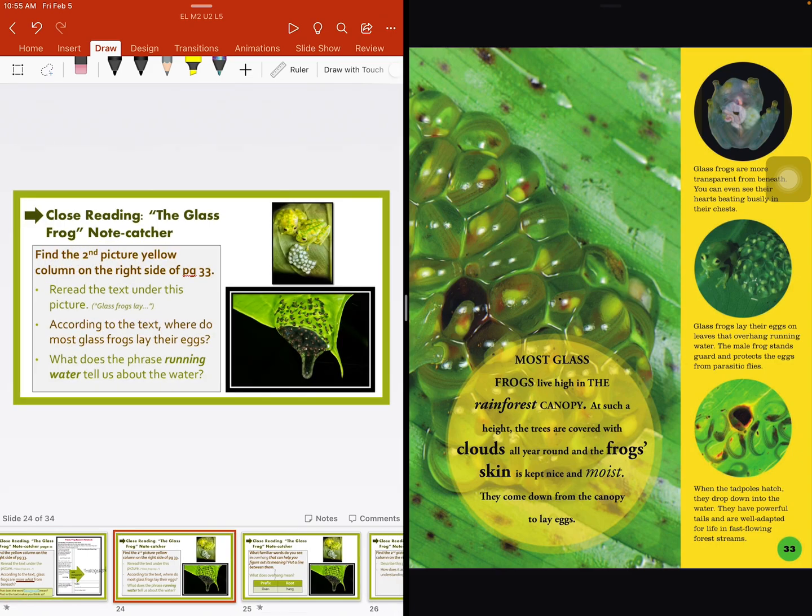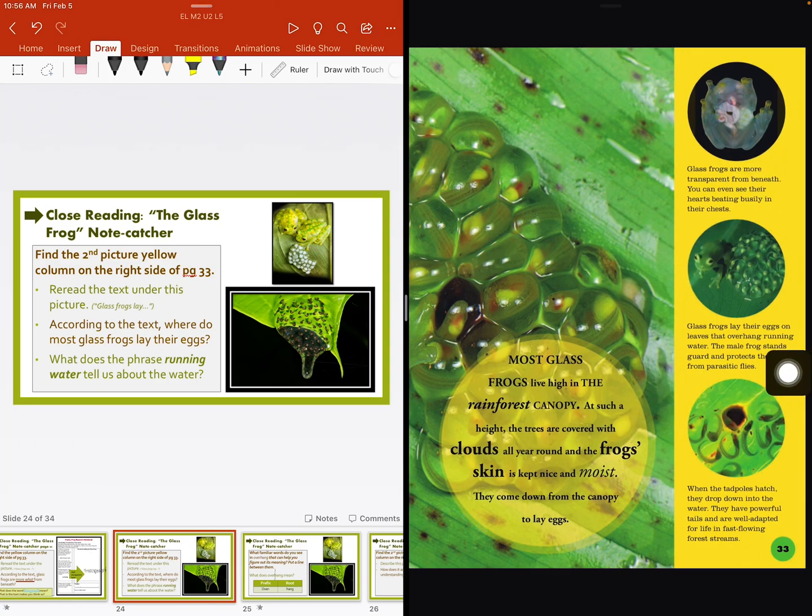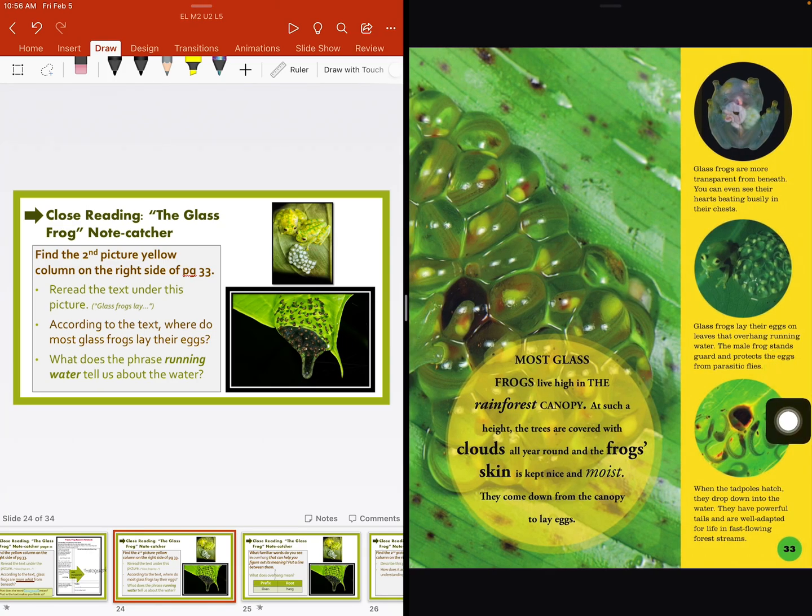Okay, find the second picture in the yellow column on the right side on page 33. Reread the text under this picture right here. According to the text, where do most glass frogs lay their eggs? Yeah, they lay them on leaves.